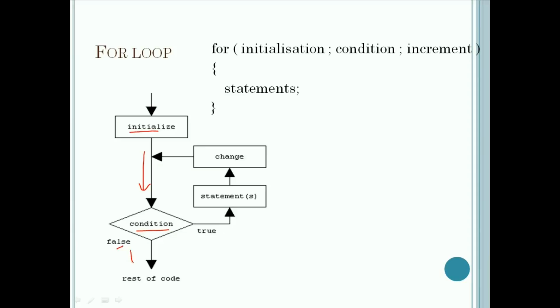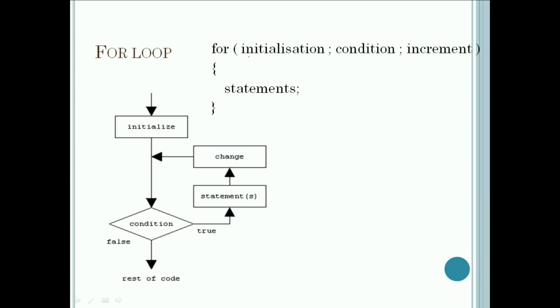But if the condition is true, we go to the block of statements and execute it, and then there is a change. Change here means an increment or decrement operator. We increment or decrement the variable that we have used. Then we check the condition again. It will be executed further until we get a false condition.